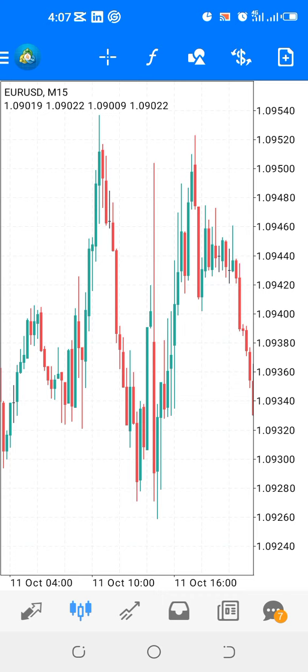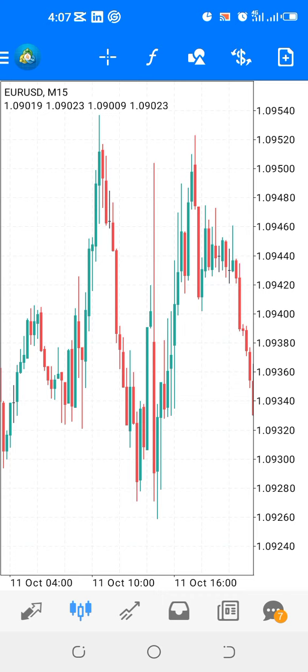So chart formation helps us to spot conditions of market breakout, conditions where the market is likely to continue in the current direction, as well as the possibility of market reversals.